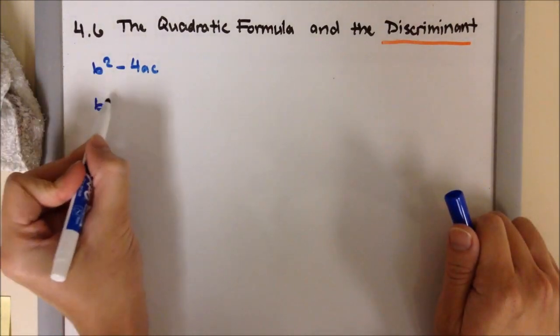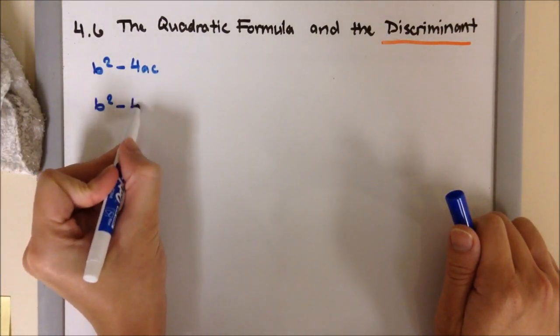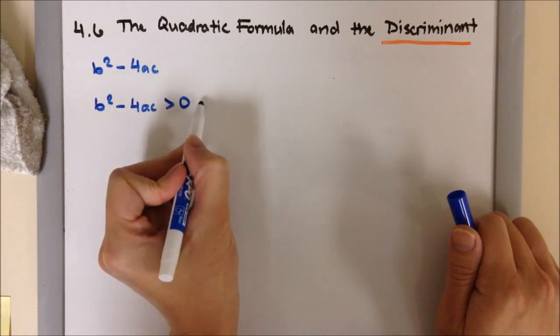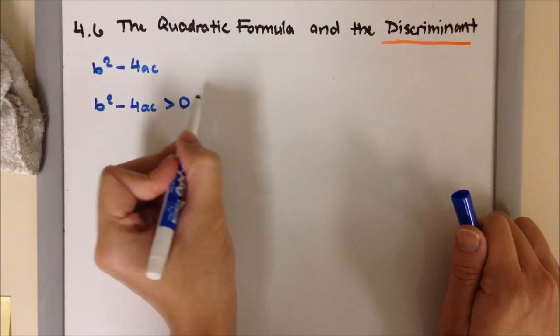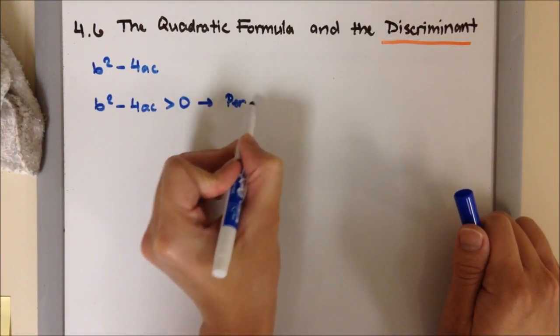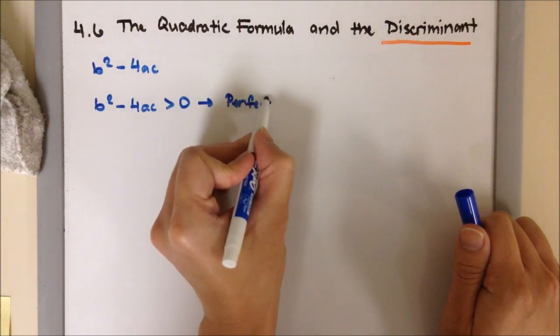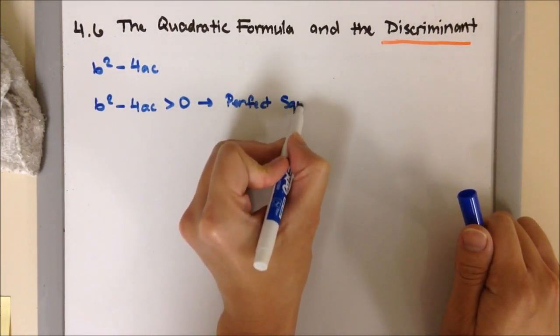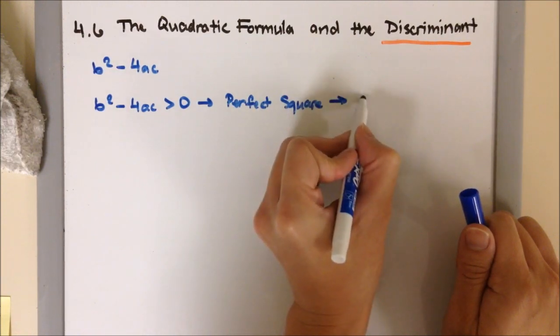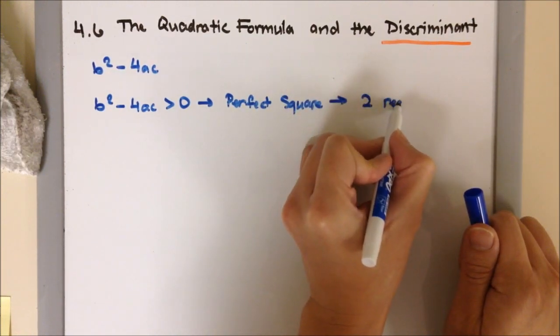So if b squared minus 4ac is greater than 0, you can actually have 2 solutions. So if it's a perfect square, then you have 2 real solutions.